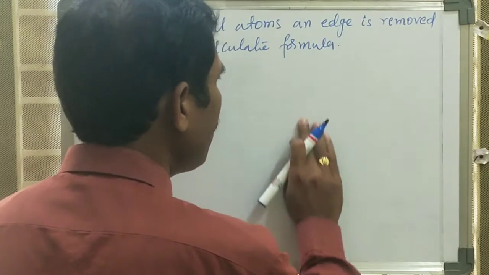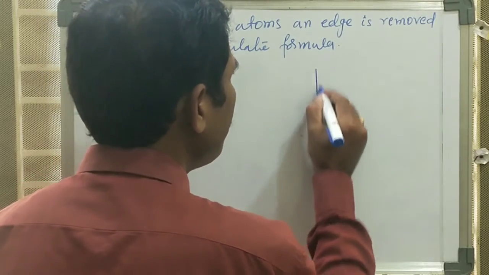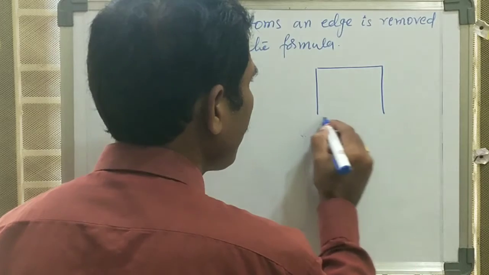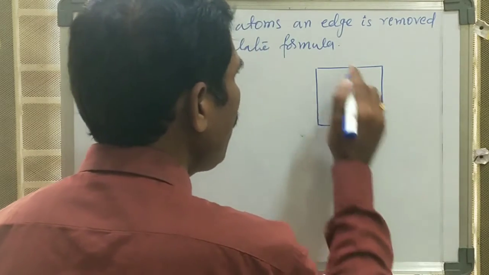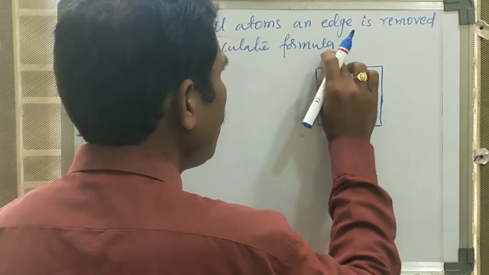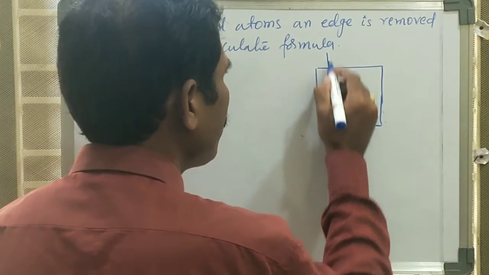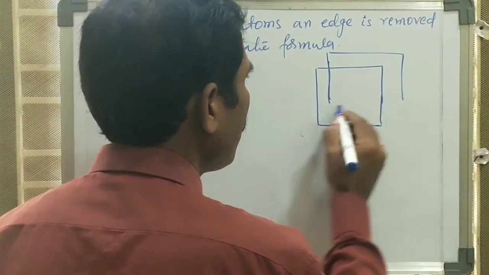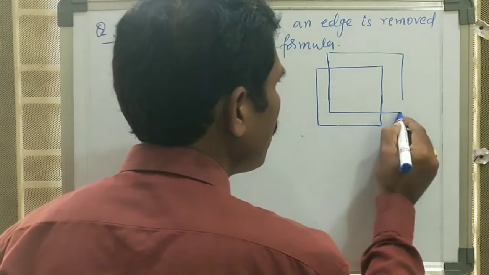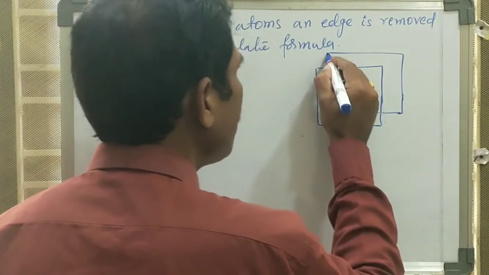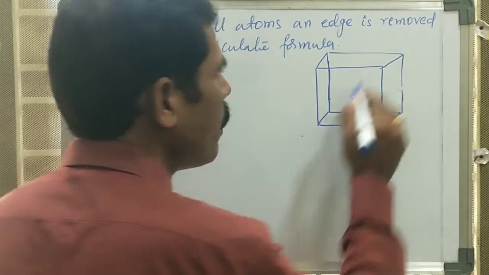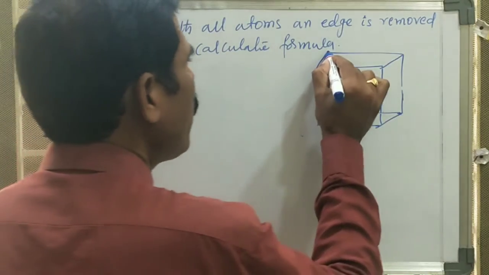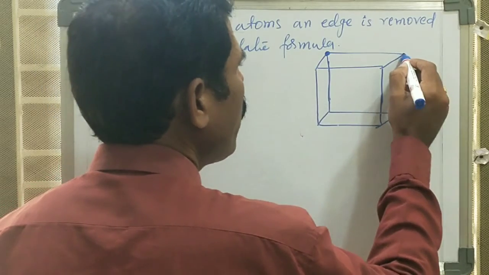Actually, we have a three-dimensional unit cell. Let me write on the board. This is the three-dimensional unit cell. These are the corners, 8 corners.